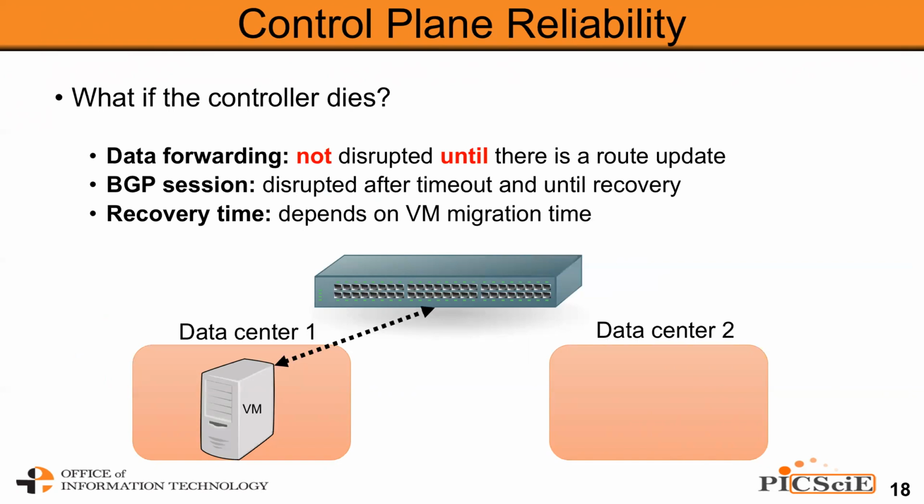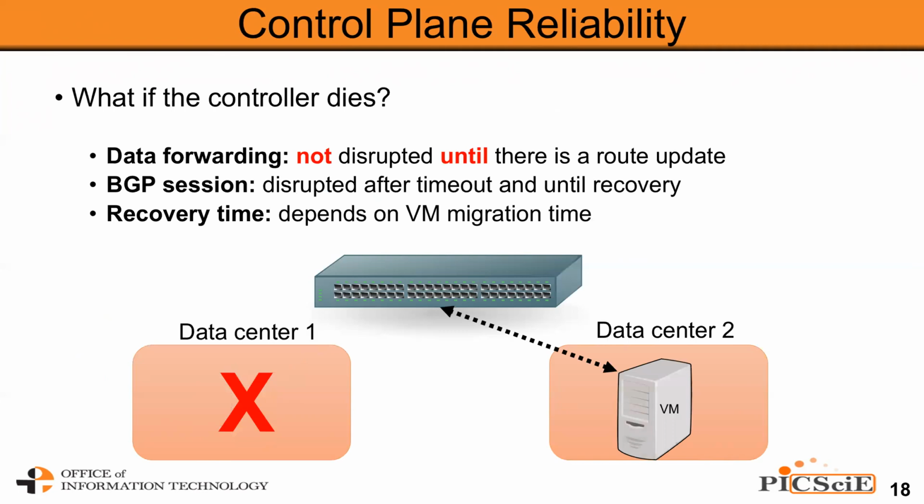And recovery time will really depend on the VM migration time from data center 1 to 2. We actually have 2 data centers, and as I said, our control thing, Quagga, and all that stuff is running in a VM. When we asked our VM expert on campus, he said it should take about a few minutes to realize the VM died, and to reignite and revive it in a second data center.